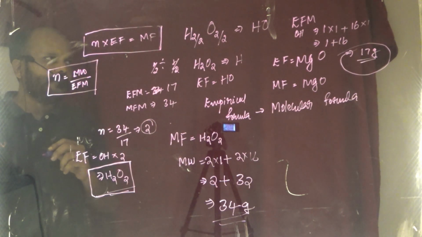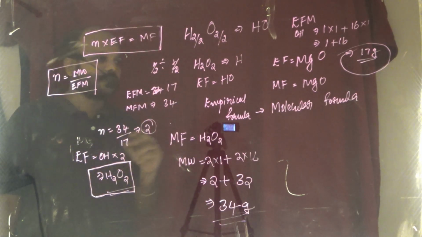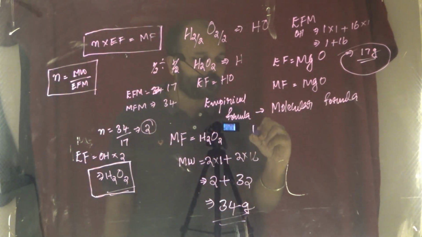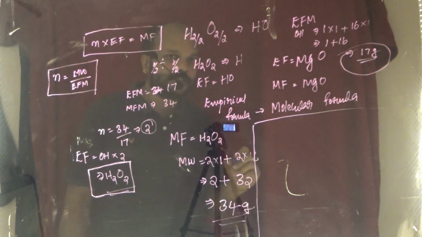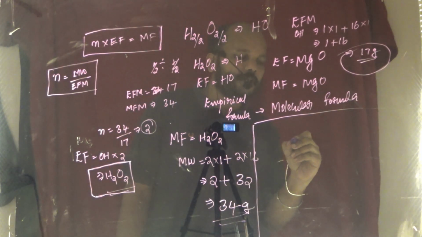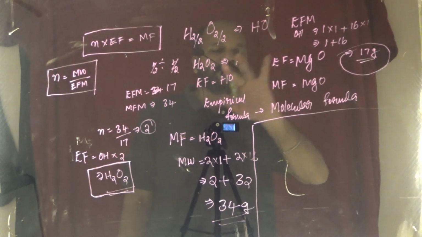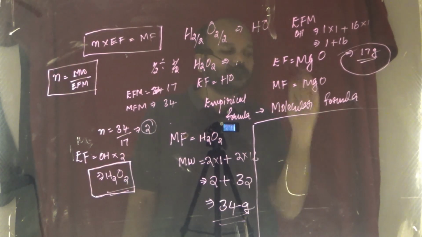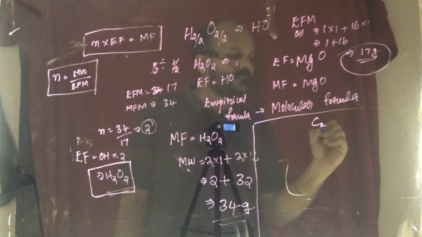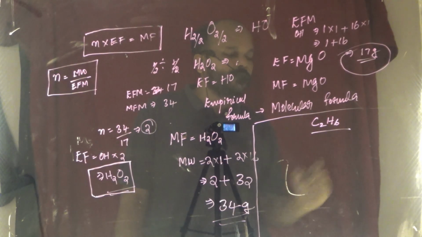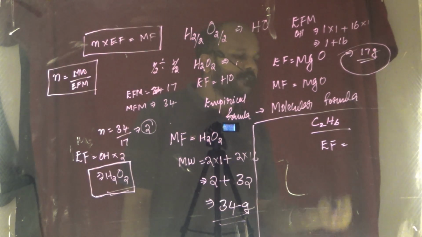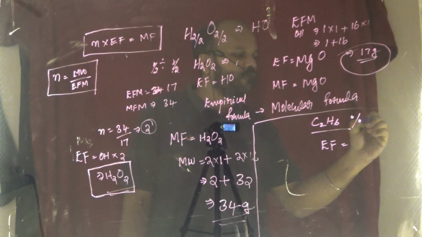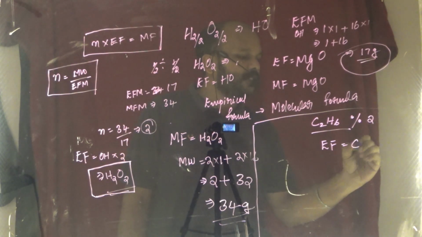And if you take another example, we will write it in this particular place. Let it be C2H6. What is the empirical formula here? You can divide by 2, so you will get CH3.